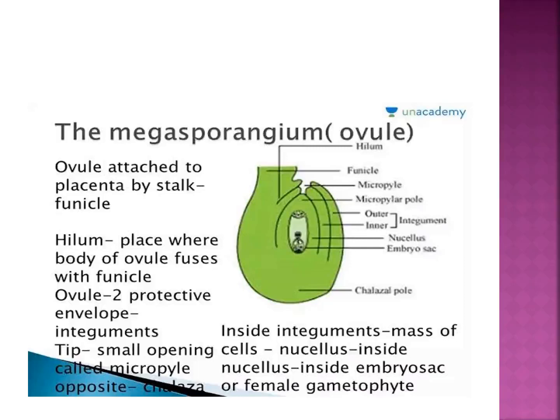Opposite to the micropyle is the chalaza end. The nucellus is inside, and inside the nucellus is the embryo sac or female gametophyte. There are 2 types of layers, outer layer and inner layer, that is the integument. Next one.